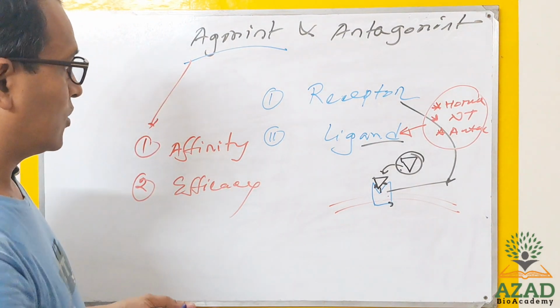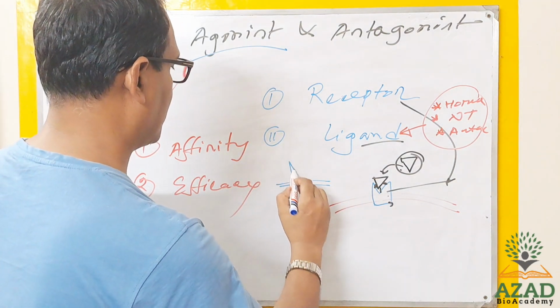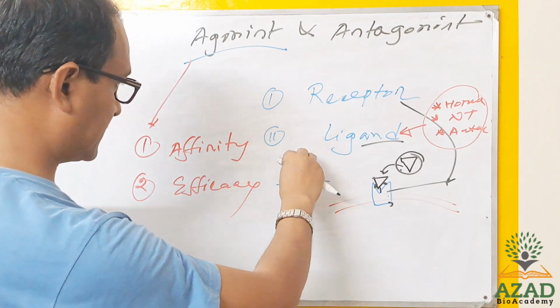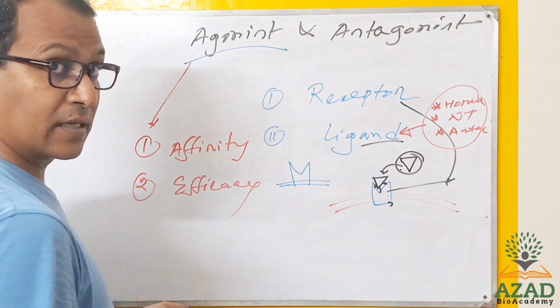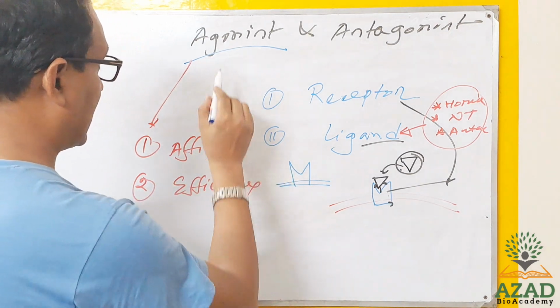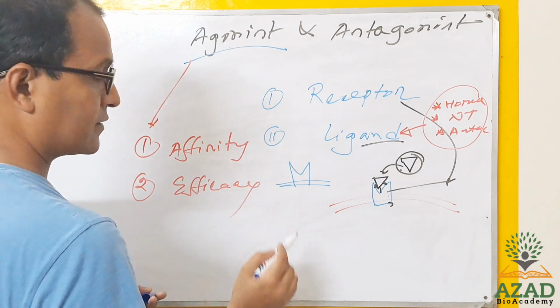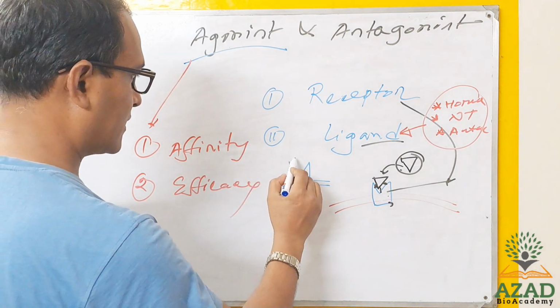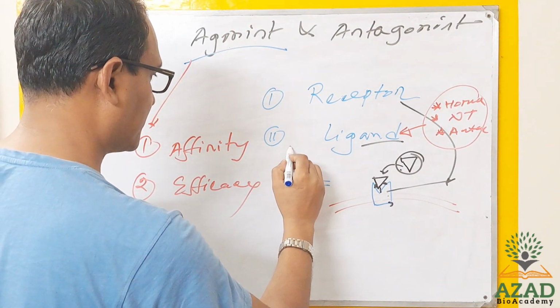That means the receptor has a specific binding site, a binding pocket you can say, and the agonist must have a similar structure to fit in that area. So the size must be like that.